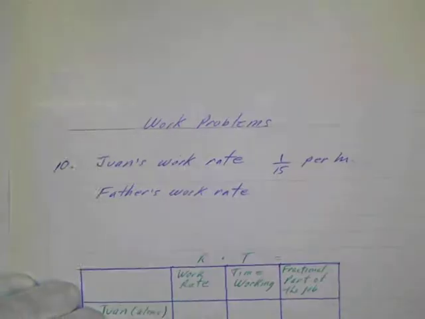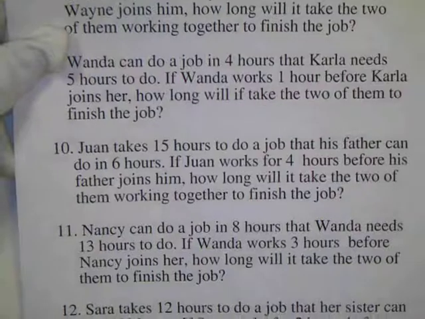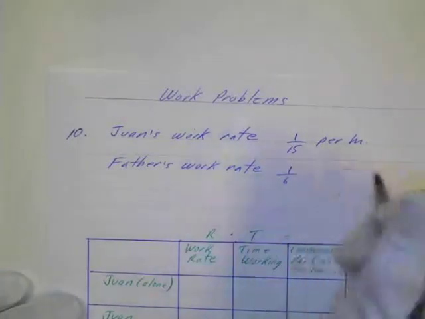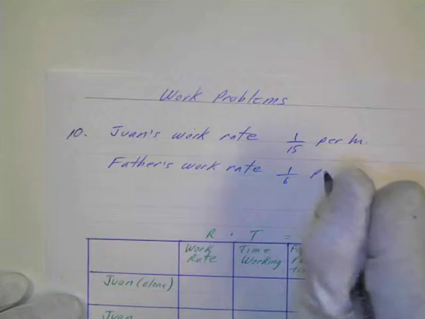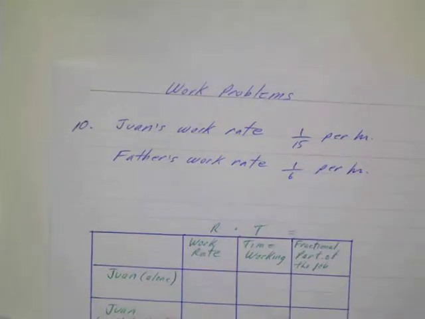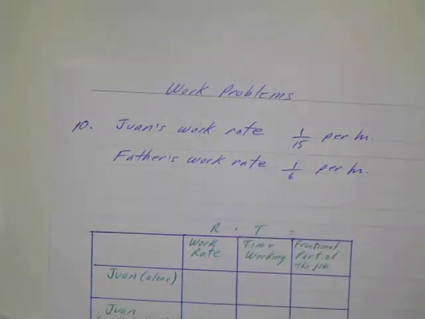And the father's work rate, it takes him 6 hours to do the job, so he'll do 1/6 of the job per hour. Now in 6 hours he would do 6/6 of the whole job. In 15 hours Juan would do 15/15, or the whole job, one whole job.